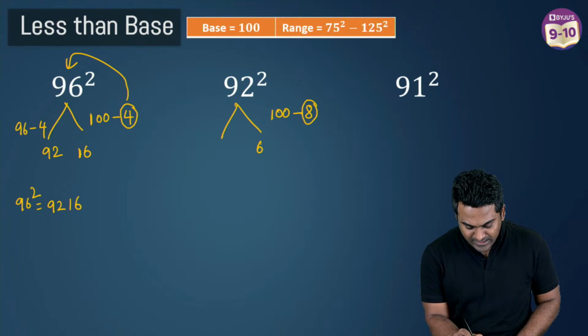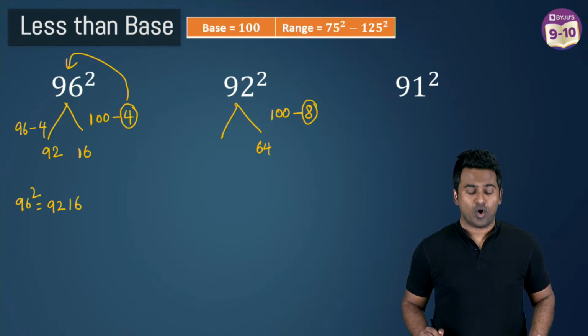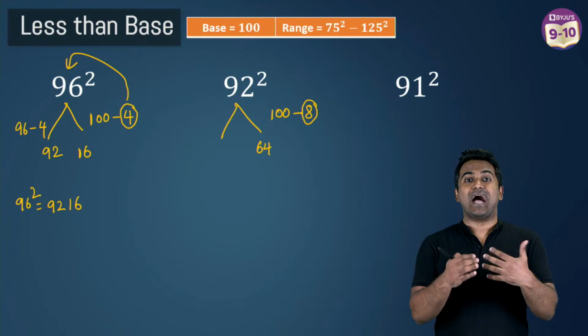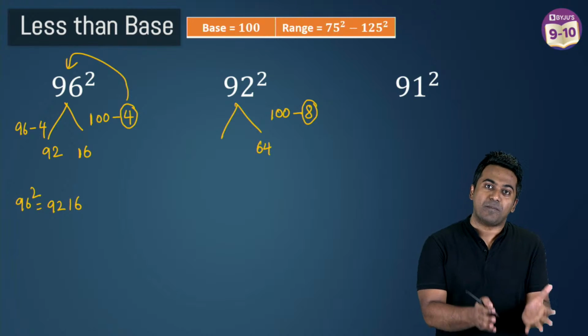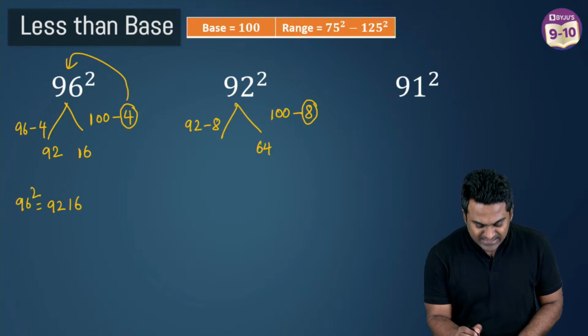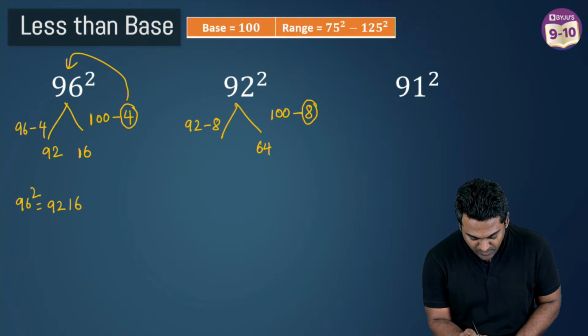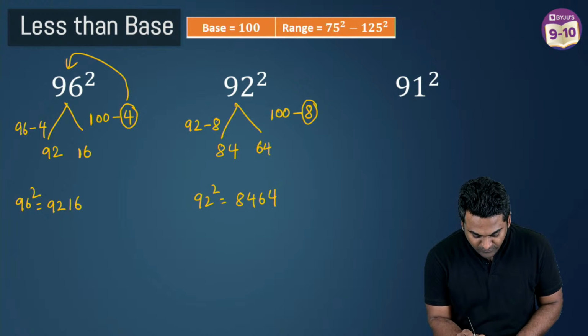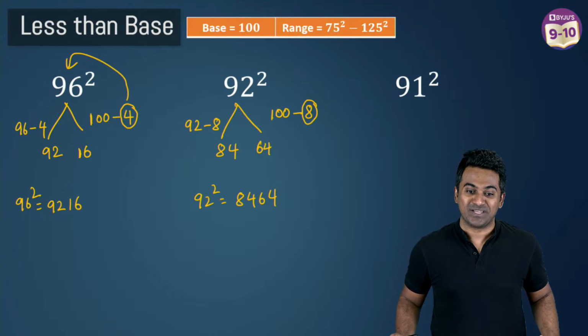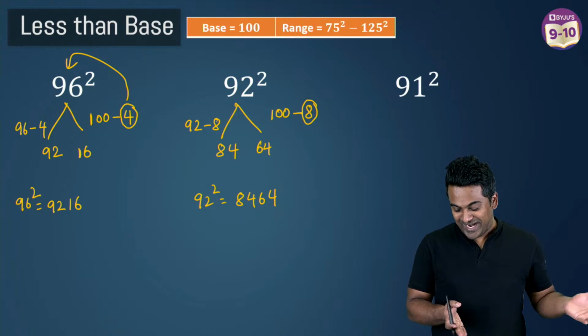The square of 8 is going to be 64, and since I subtracted 8 from the base of 92, I am going to subtract 8 from 92 again, and this side is going to be 92 minus 8, which is going to be how much? Well, that's going to be 84. So 92 square, as you can see, is 8464. 8,464. Well done.